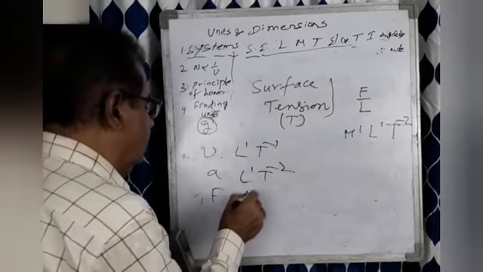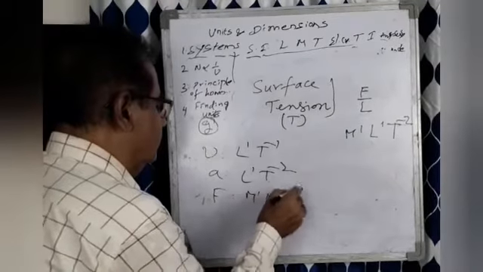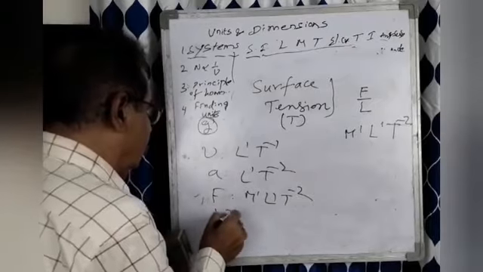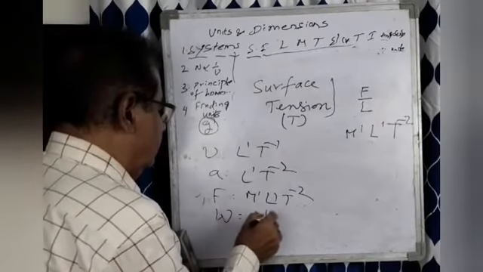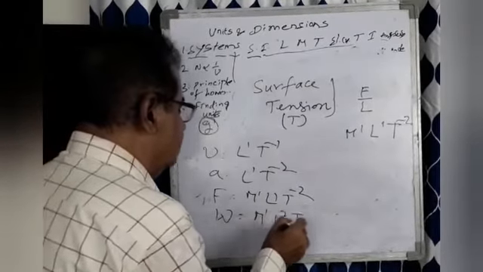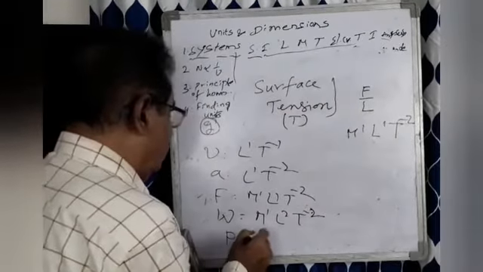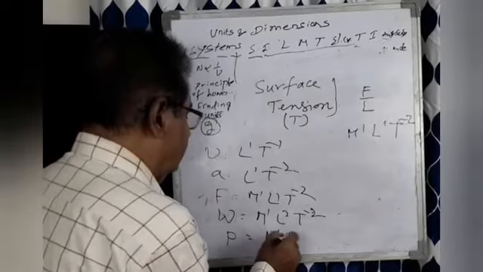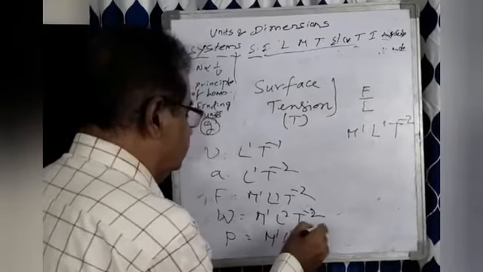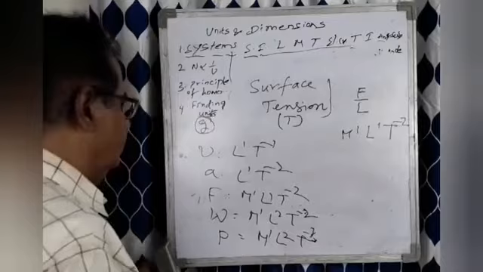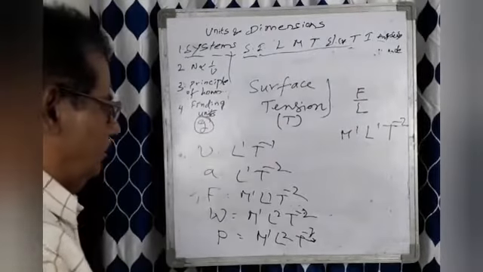M power 1 L power 1 T power minus 2. What about work? M power 1 L power 2 T power minus 2. You must be able to say this even when you are sleeping. What about power? M power 1 L power 2 T power minus 3. It is not difficult, you can do it instantly.